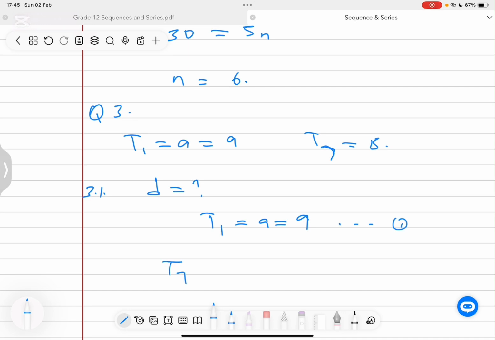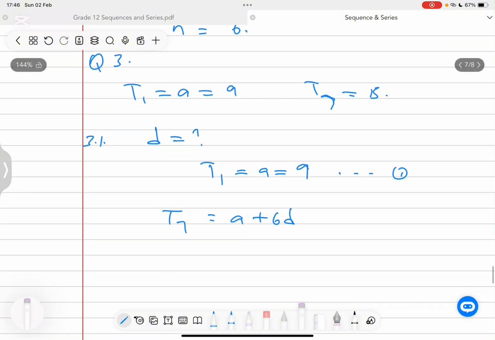Then I will say t7 is equal to a plus 6d, because remember, the number here should be 1 less than the number of terms, meaning we subtract 1 from 7, then multiply by d. Now you should be able to see that at this stage I can substitute equation 1 into equation 2, because the a here can be substituted by 9.